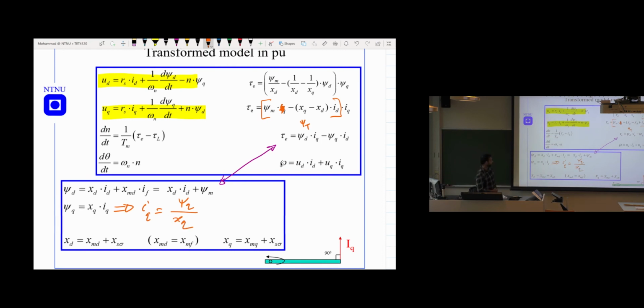And if you solve also for ID and then insert this IQ equation and ID equation there, you'll get the final torque equation, the upper one. So this is the two ways of representing the torque, and we'll discuss the impact of these two later, and why we use this representation.